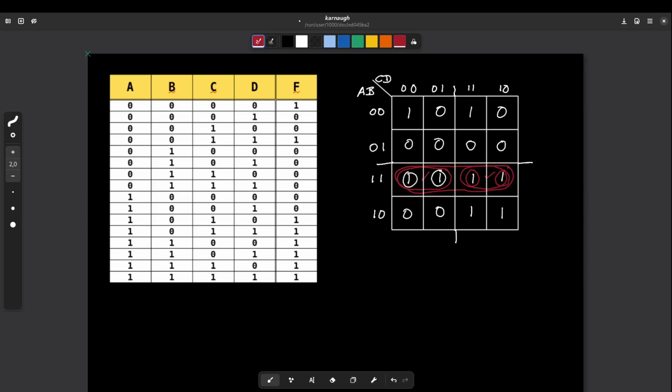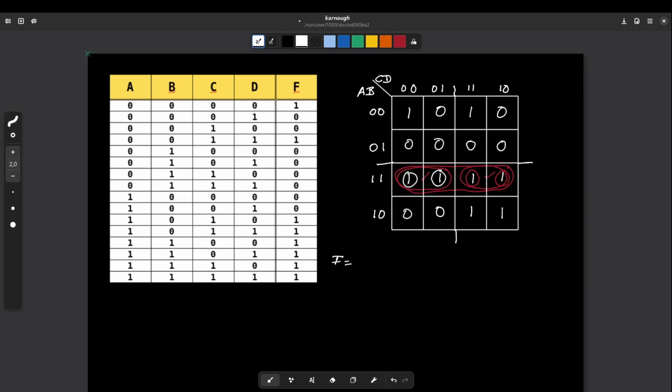So for the first term, I could write f equals, taking into account the variables that don't change between these values. The only variables that don't change are A and B, whose values are 1.